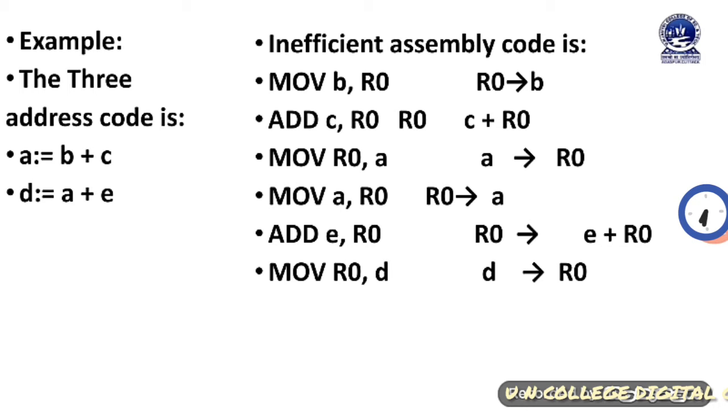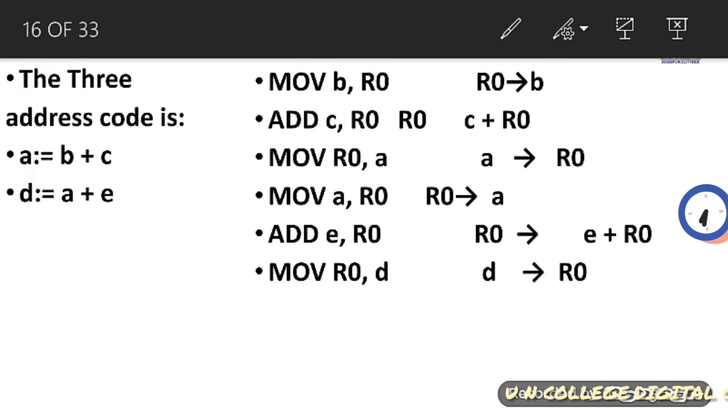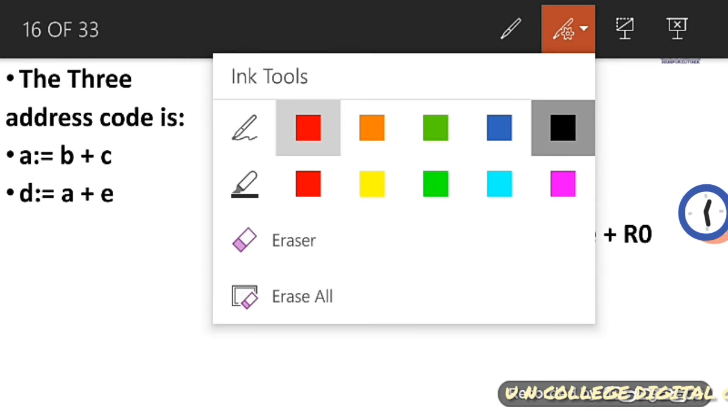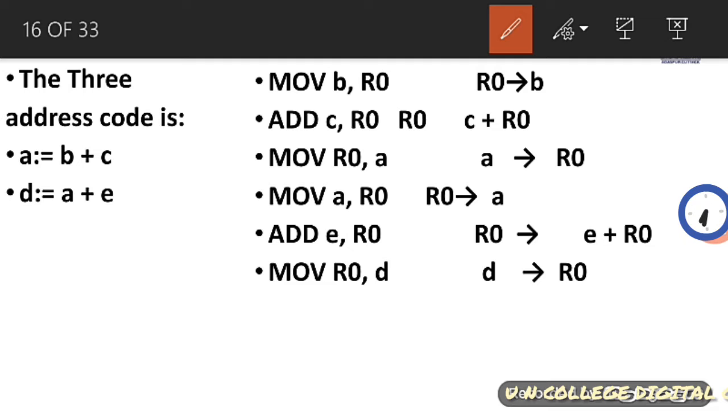Let me use the pen so that I can clearly explain it. Here you can see that MOV B, R0. This one is used to store the B value. Here we have used how many variables?